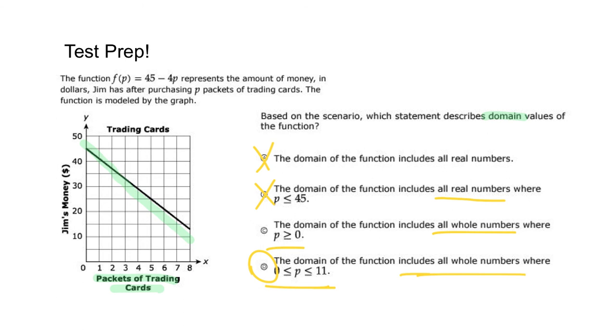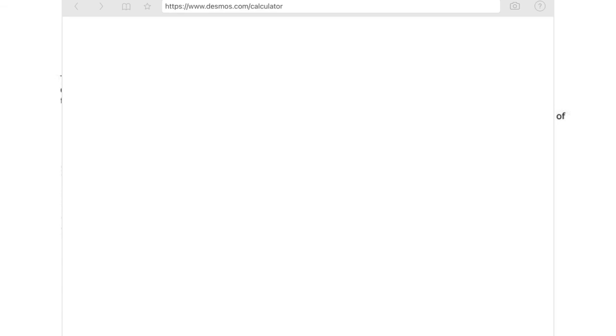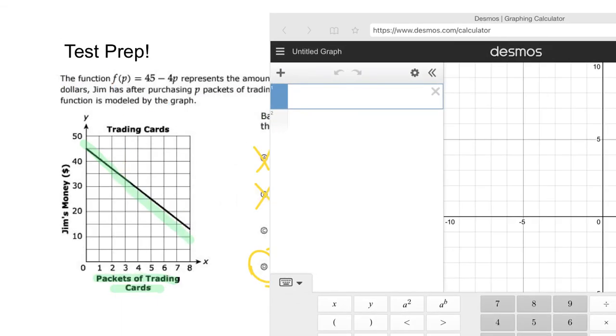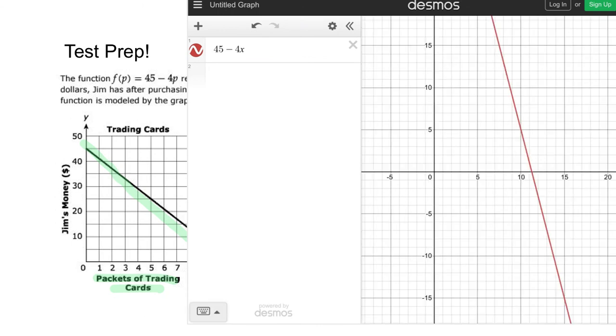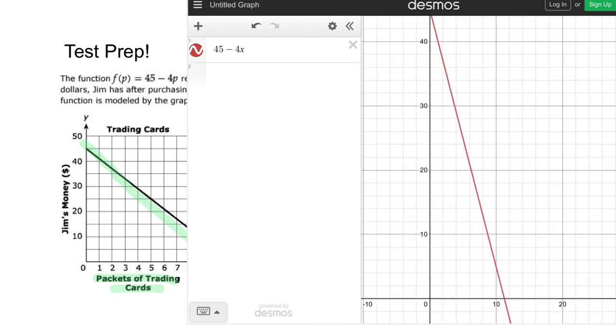Plus, if we looked at what that graph looks like in Desmos, 45 minus 4p. Oops, just kidding. 45 minus 4x, and we'll do 4x, not 4p. So there's my graph.